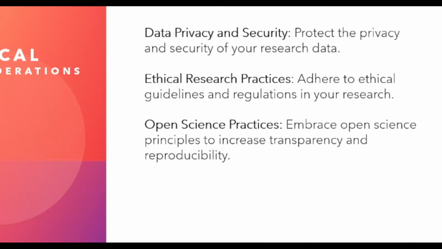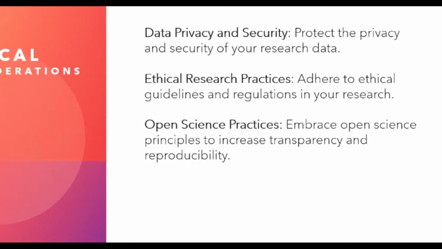Otherwise, your paper will not be published, because when you send the article to the journal, they ask you to provide all the documents: ethical committee clearance, assent form, consent form. Then sometimes they ask for the data also. So all these things are required. That's why ethical issues play a major role here.